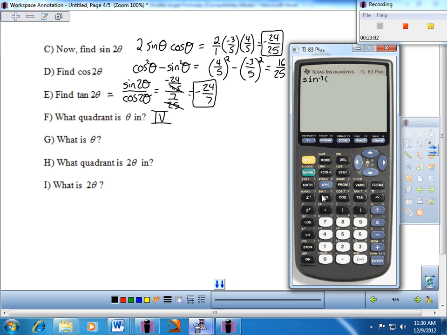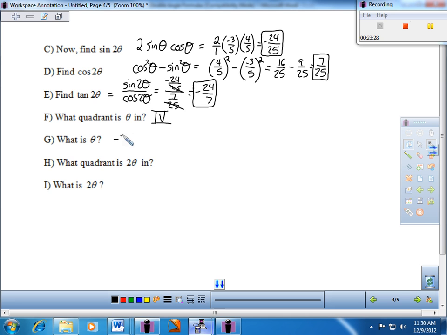So guys, I'm going to do inverse sine of negative 3/5 up here. And I get that. And that does fit the way I drew theta, everybody, kind of rotating clockwise into the 4th quadrant. So I'm going to write this, everyone, as negative 36.87. Okay, good.